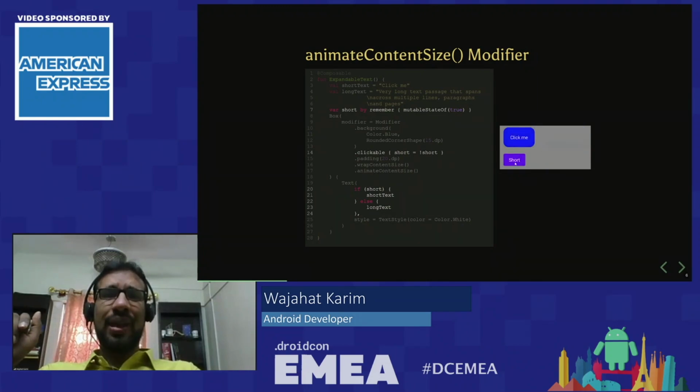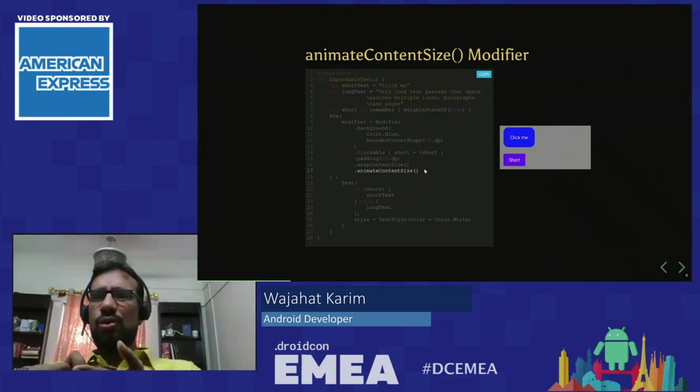Then below I can show the text, either short or long. So boom, now we are done with that, but it will not animate the content because we have to add one other modifier, that is animateContentSize.